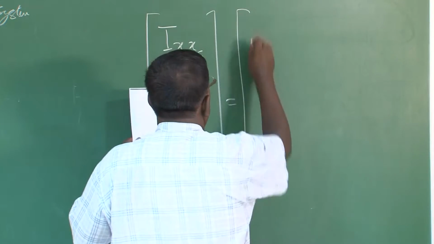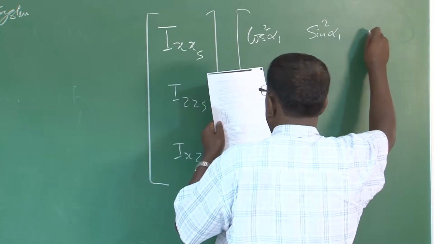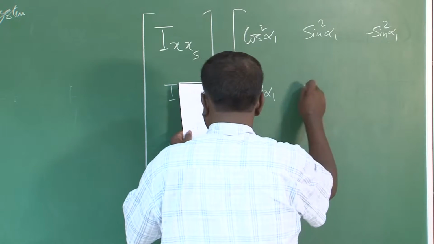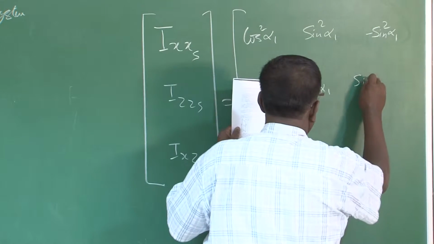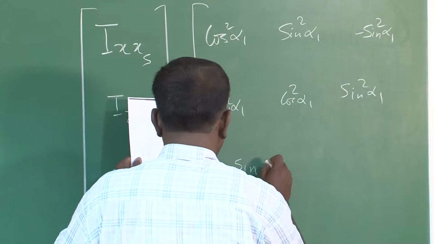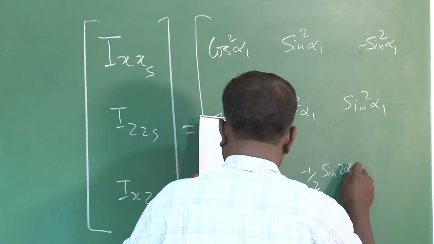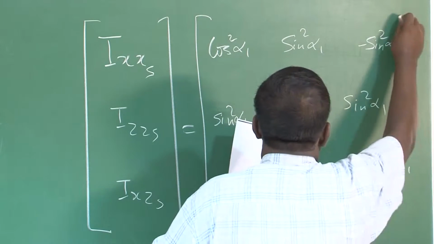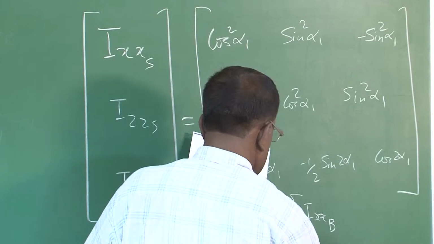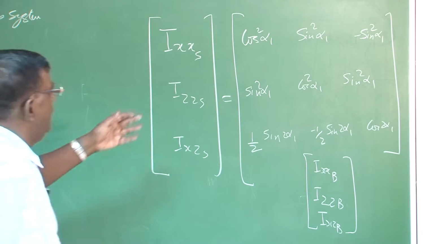This will be cos square alpha 1, sine square alpha 1, minus sine square alpha 1, then sine square alpha 1, cos square alpha 1, sine square alpha 1, and half sine 2 alpha 1, minus half sine 2 alpha 1, and cos 2 alpha 1, into Ixx body axis, Izz body axis, Ixz body axis. Okay. This you can check in any literature.